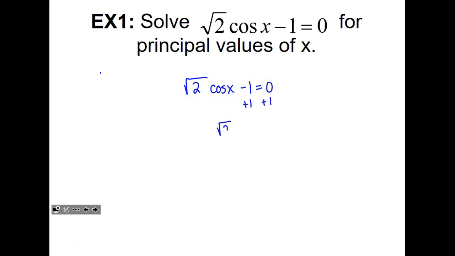So I get square root of 2 cosine x equals 1. Then I need to get rid of that square root of 2. It is multiplied by that cosine, so I'm going to divide off the square root of 2. So I've got cosine x equals 1 over square root of 2.